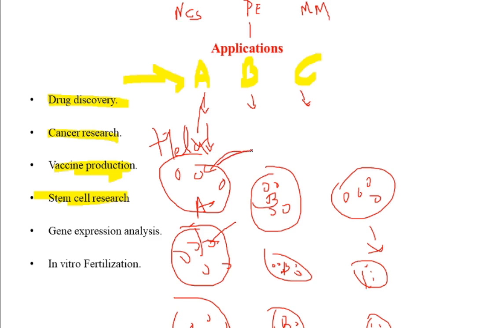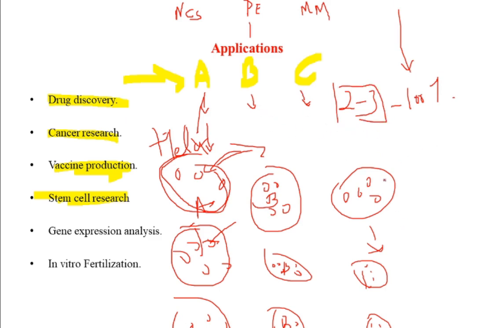So here what you are studying is how the chemical is affecting the growth of the cells. Suppose in the course of 2 to 3 days, the culture achieves 100% confluency, but after adding chemical A, it has no effect on this 100% confluency at 2 to 3 days. For B, the same result, no effect.